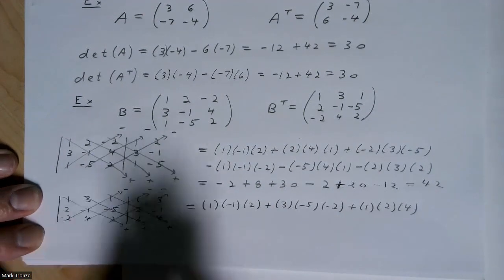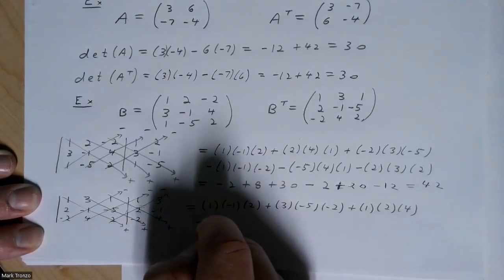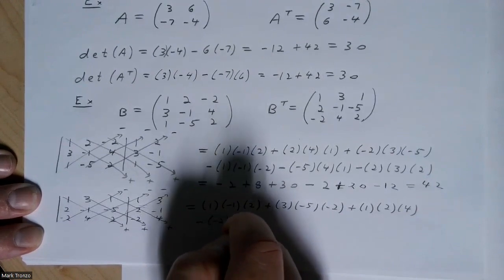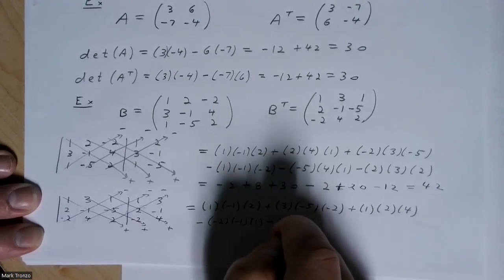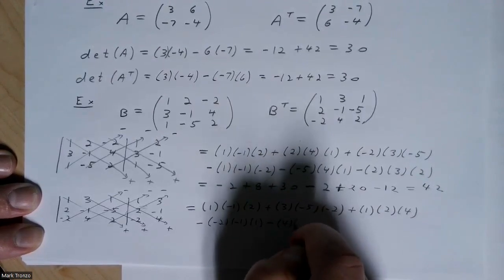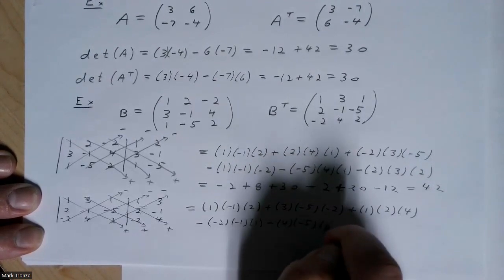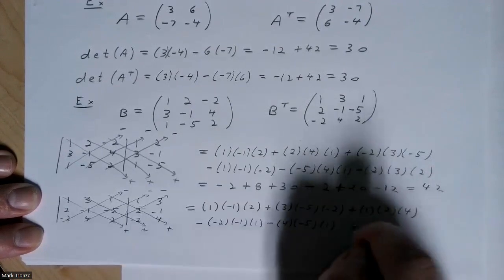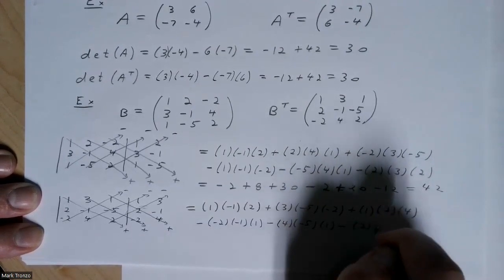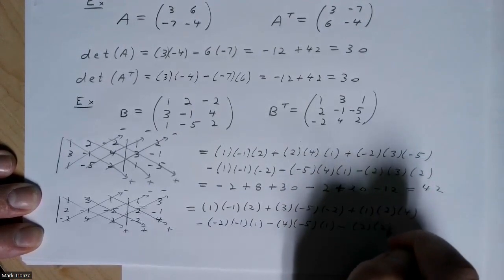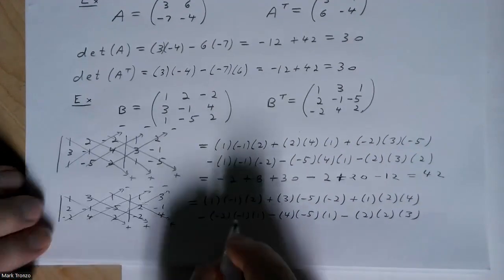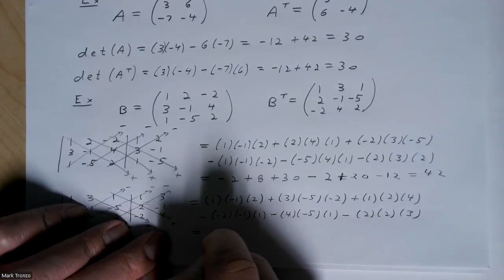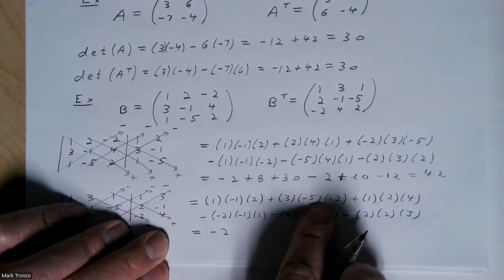And then if we go up the diagonals, these are going to be negatives. -2, -1, 1, 4, minus 5, 1, 2, 2, 3, like this. And this will be -2.